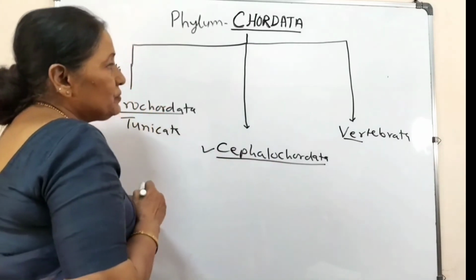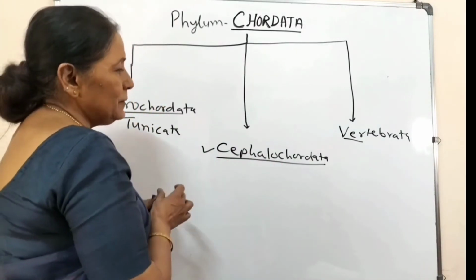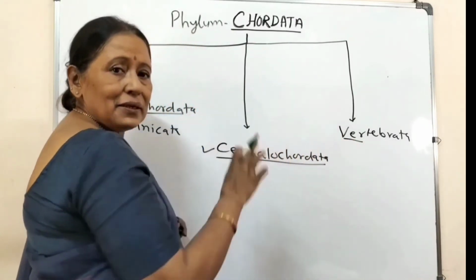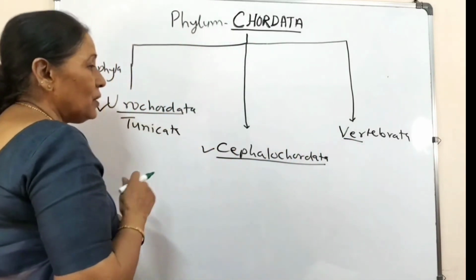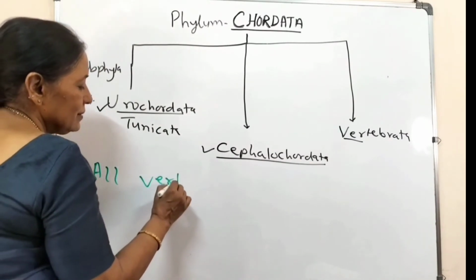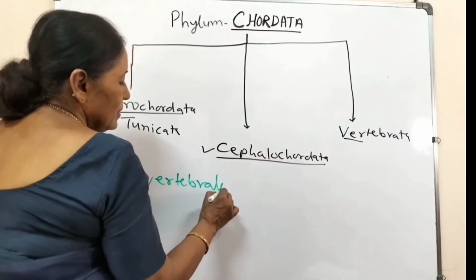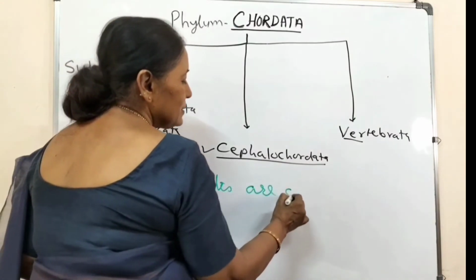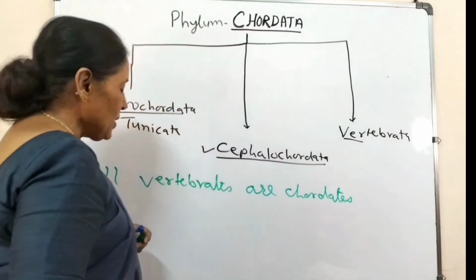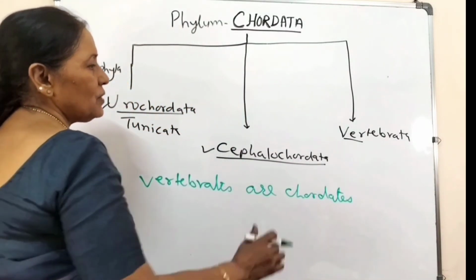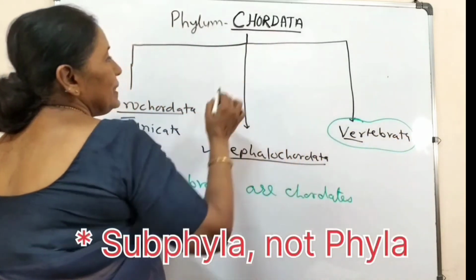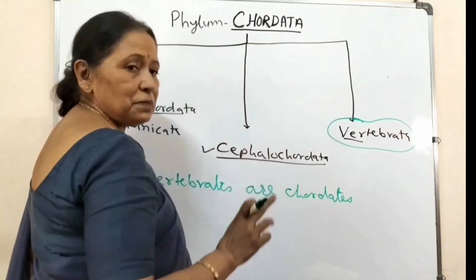That's why there is one important statement over here: all vertebrates are chordates, but all chordates are not vertebrates. All vertebrates are chordates. This is not at all a confusing statement. Of course they are. They are just one of the groups of Chordata in which the notochord was present.